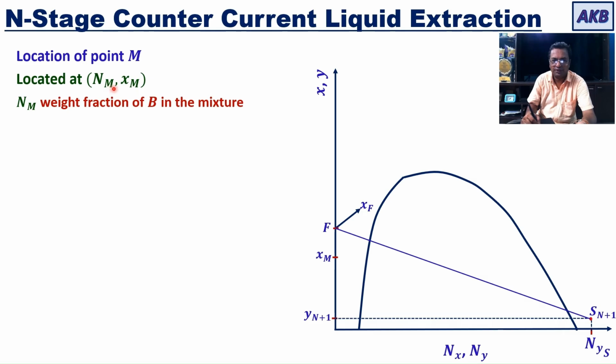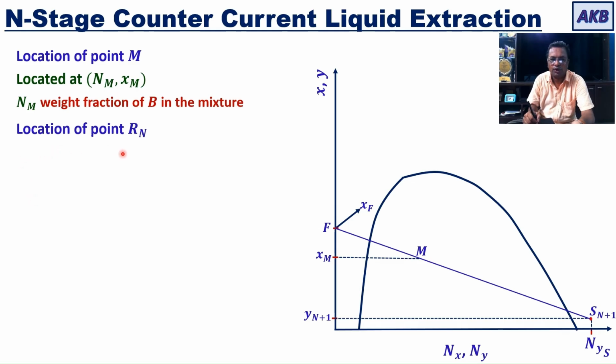So we are going to use Xm to locate point M. Xm will be located on the y-axis, and after locating it, I will go to the line Fs, and where the intersection occurs, that intersection point will be nothing but point M. So in this way, you have to locate point M.